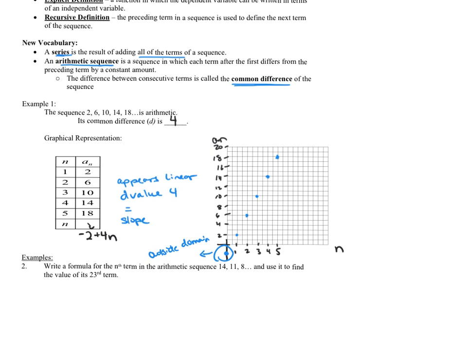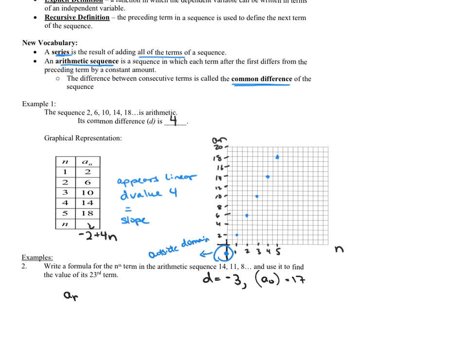But first, let's do another example. So we want to write the formula for the nth term in this sequence. All right, so we know that our d is -3, because we're subtracting 3 each time. And essentially our a sub 0, which doesn't really exist, would be 17.